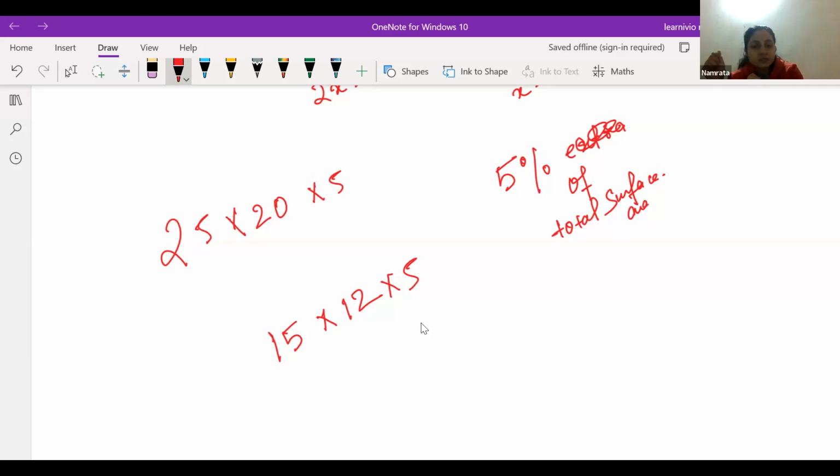Yes or no? Yes, ma'am. Same for the box. If we have to make a box, we have to think about the cutout portion also. If we have to wrap a gift, and we take a sheet of exactly the same measurement, we will not be able to wrap it, right? We have to think about the cutout portion and the overlap also, right?